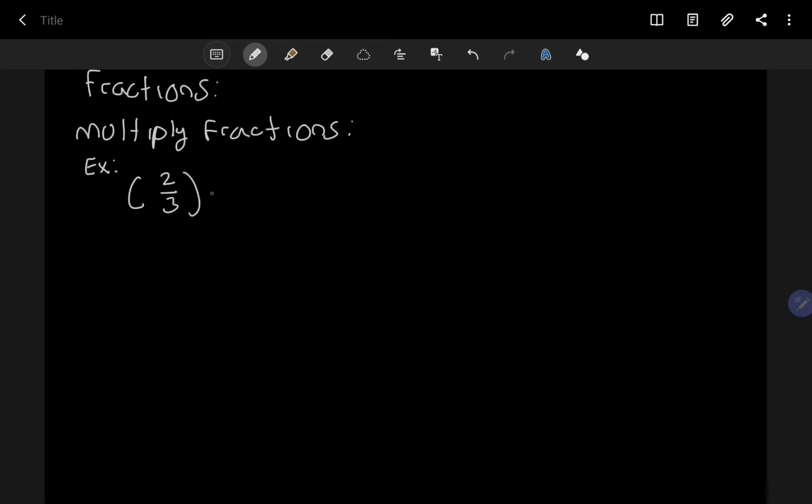2/3 multiplied by five over 3. And so when it comes to multiplying fractions, we don't really need a common denominator. We just need to make sure that we multiply straight across.